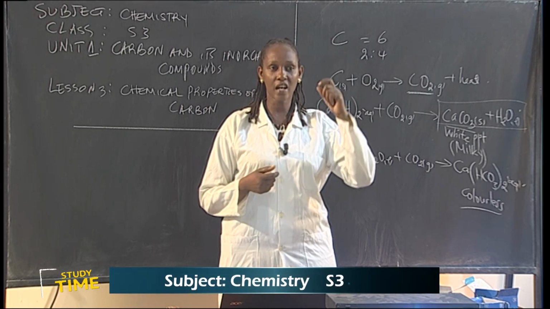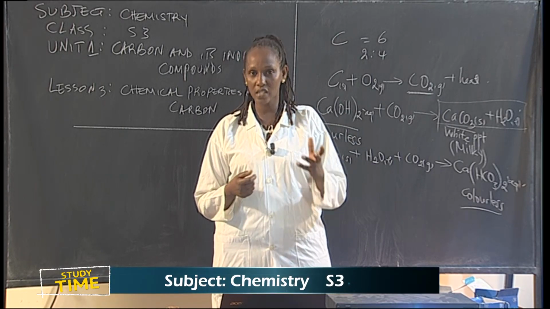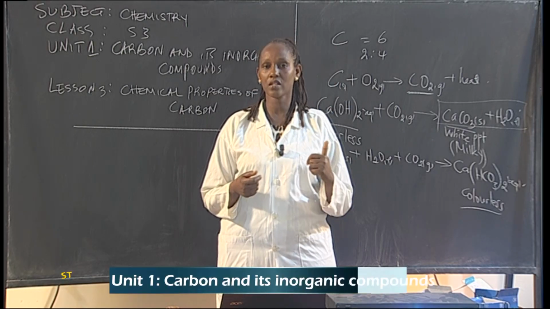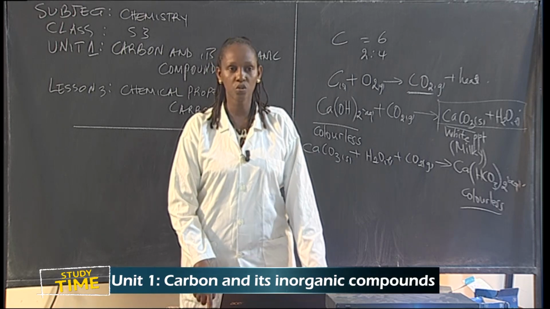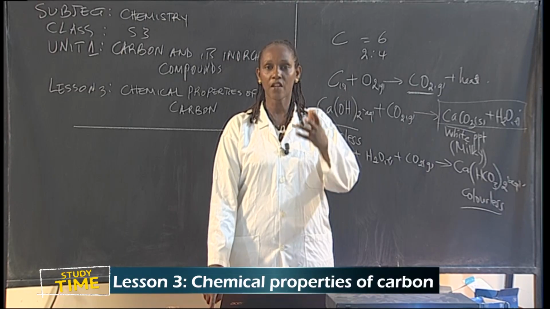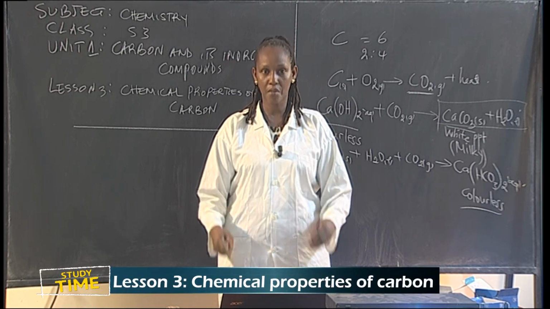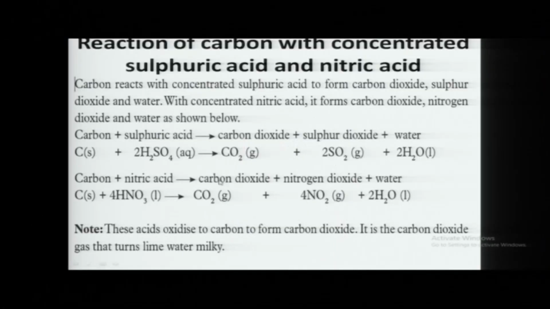So whenever carbon reacts with concentrated sulfuric acid, this is what is formed. There is formation of carbon dioxide, sulfur dioxide, and water. So two gases are formed. That is carbon dioxide and sulfur dioxide gases, plus some amount of water. So look at the equations there. Whenever we react carbon with sulfuric acid, we form carbon dioxide, sulfur dioxide, and water. All right?